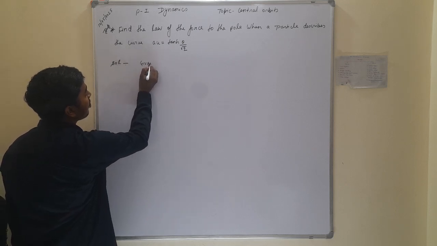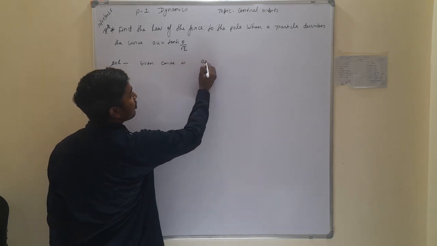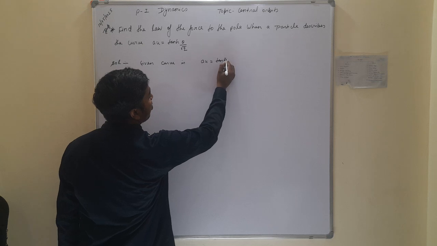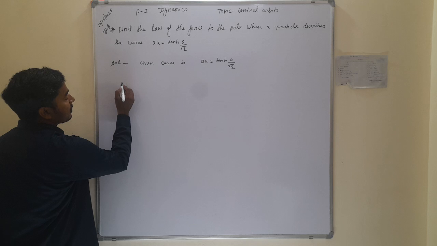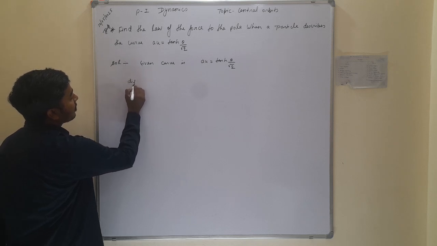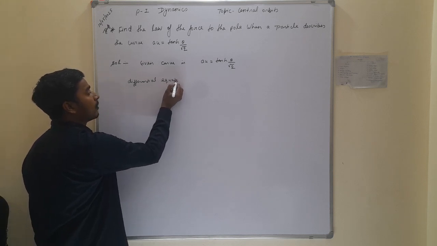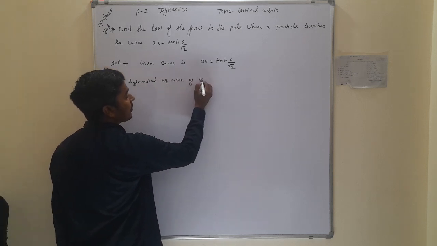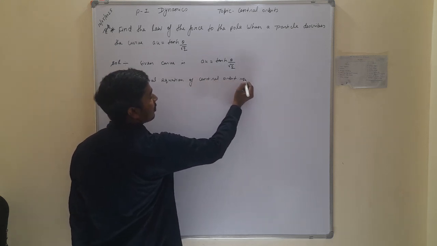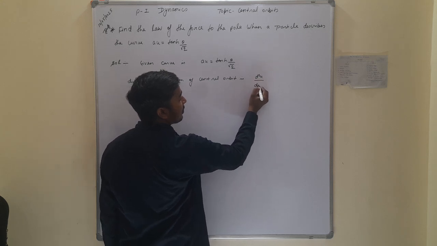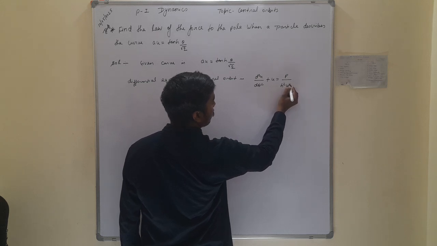Given, the curve is au = tanh(θ/√2), and we know that the differential equation of central orbit is d²u/dθ² + u = P/(h²u²).